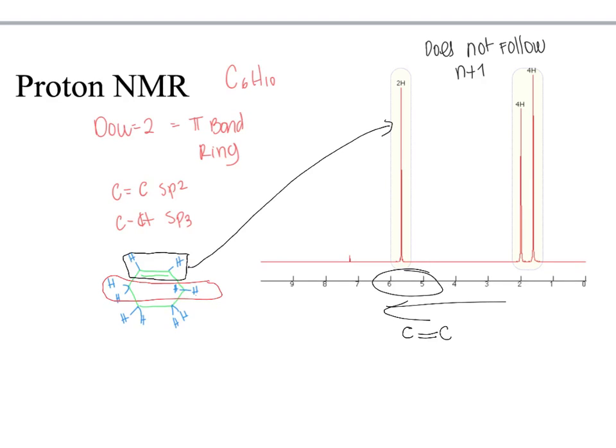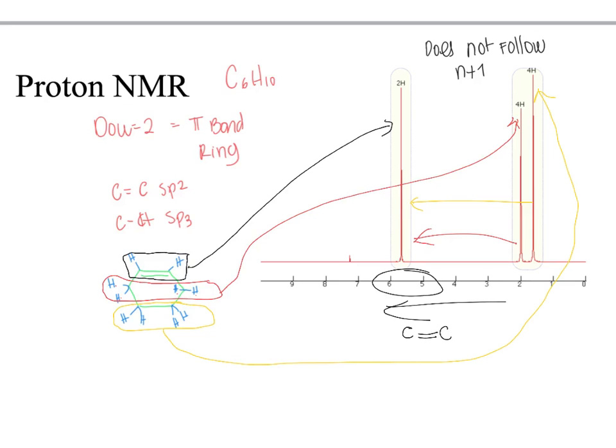As you can count, 1, 2, 3, and 4 hydrogens match this integration, and it's going to be the closest one to the double bond, so it's going to be the closest one to the carbon that was deshielded before. And then the farthest away from the double bond is going to be the farthest away from the deshielded carbon, matching up the integration of 4 hydrogens with 1, 2, 3, and 4 hydrogens.